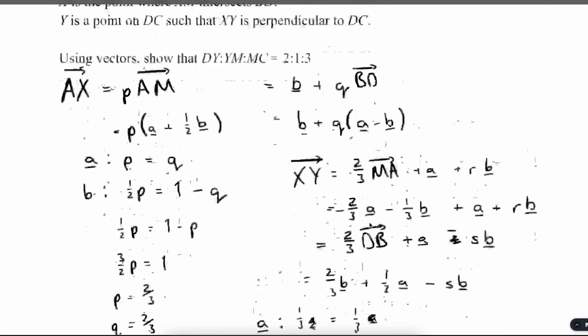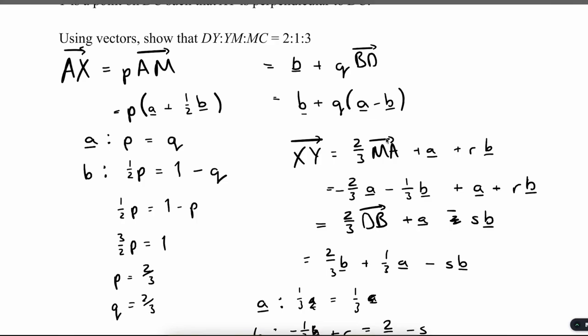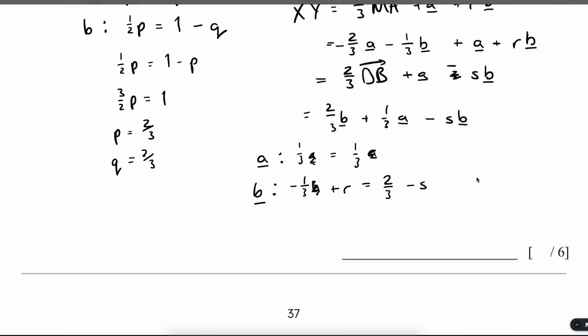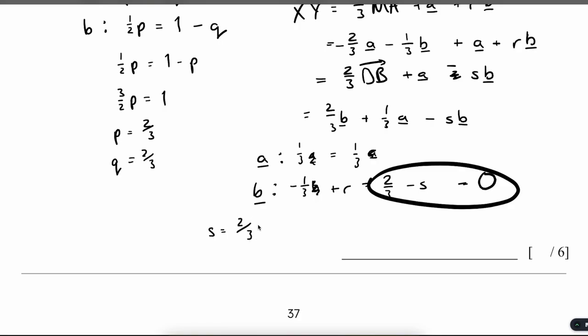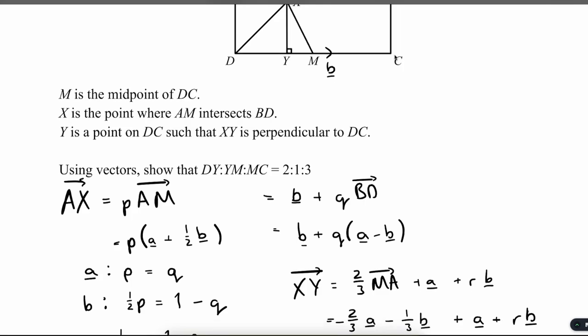And this is part of the trick why, because if we look at XY, that's parallel to a. There's not going to be any b components, so we can set the b's equal to 0. And just using this part, we can see s equals 2/3. Okay, so that tells us that YC is 2/3 of b.